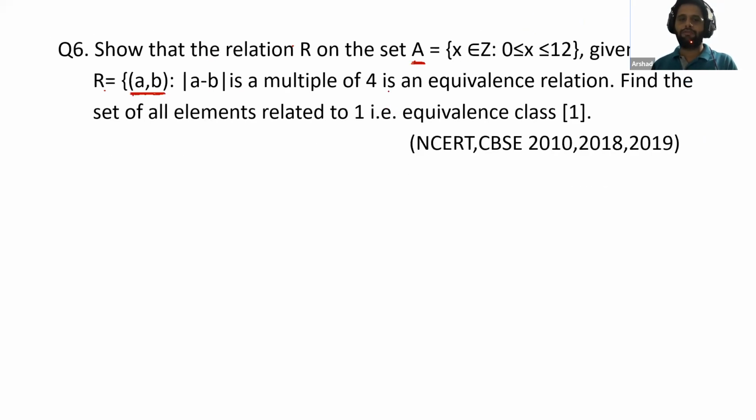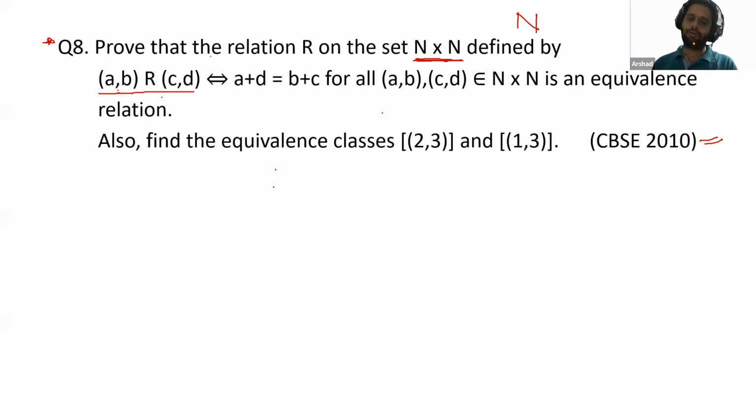For example, in such a type of question for reflexive, we just take a single value. We say let a belong to set A. But in this case, we don't have a single set N, we have N cross N. So even for reflexive, if we need to assume a value, we can't say let a belongs to N cross N. What will we assume?